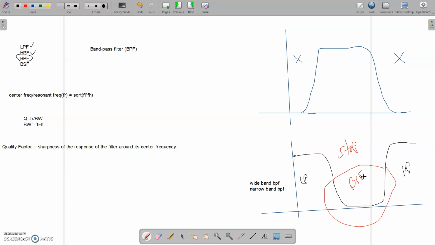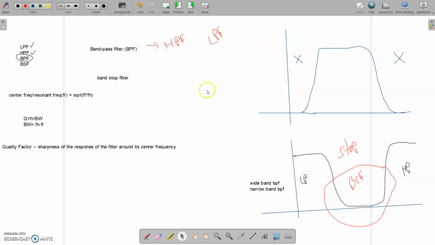Previously, when we designed a band pass filter, we first connected a high pass filter, then connected in series with a low pass filter. When we are designing a band stop filter, we'll also connect a high pass filter and a low pass filter, but in parallel.